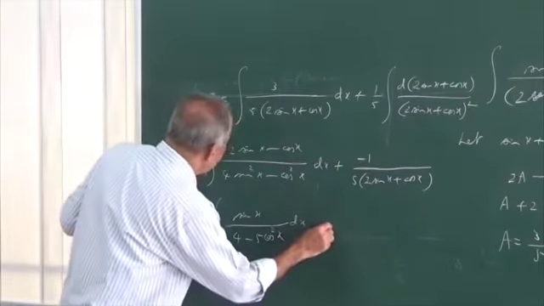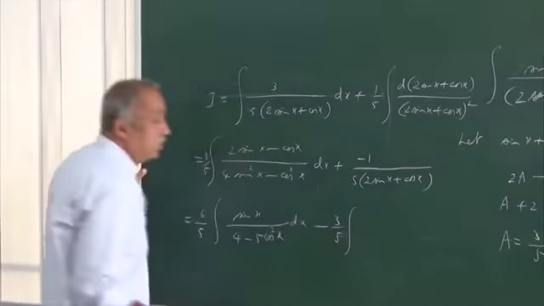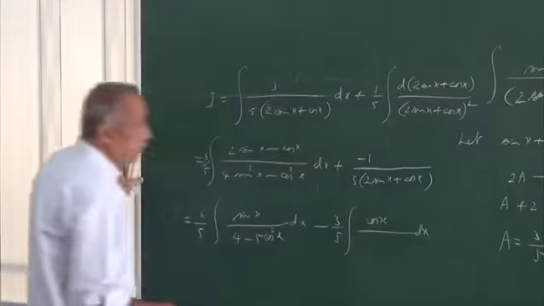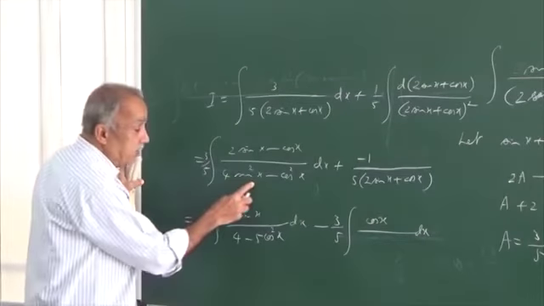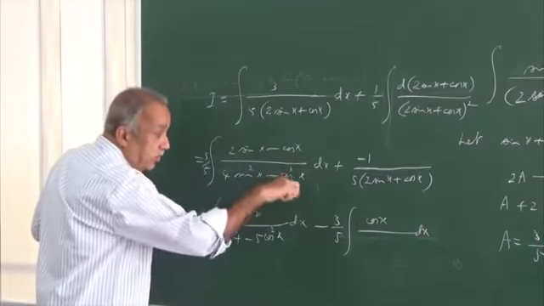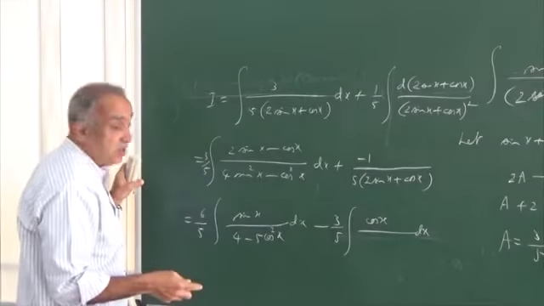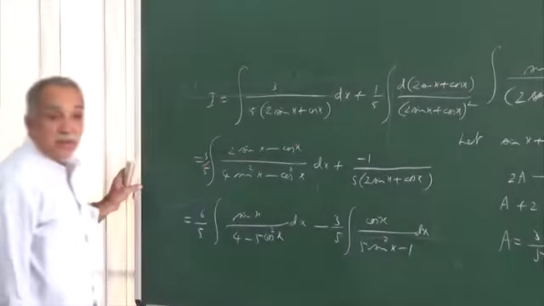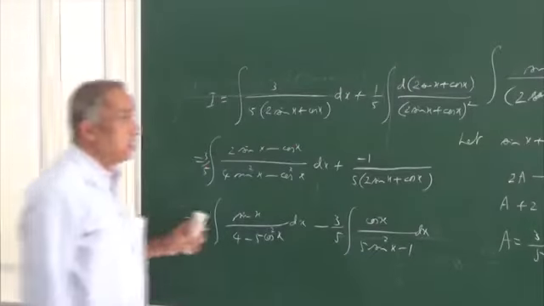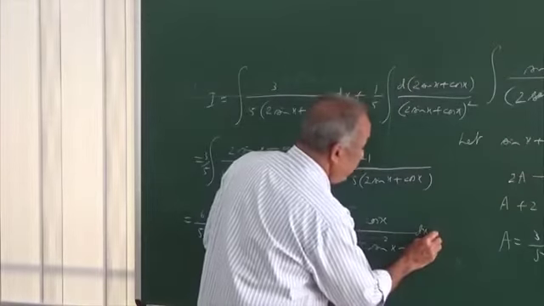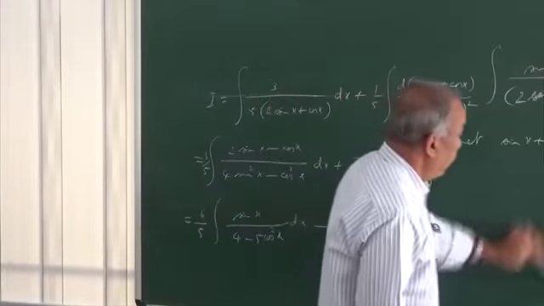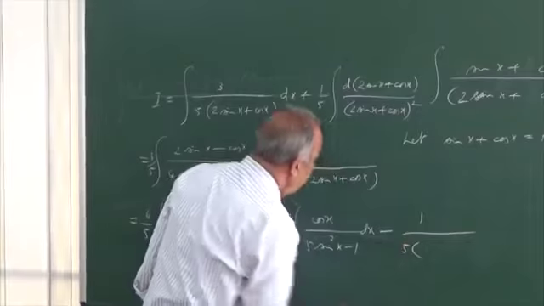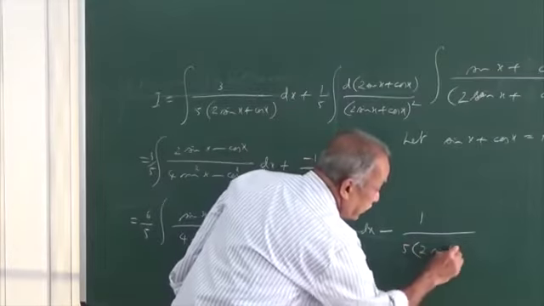Next, minus 3 by 5 into cos x dx by 4 sin square x minus, within brackets, 1 minus sin square x, which is 5 sin square x minus 1, plus the expression which has already been obtained, minus 1 by 5 of 2 sin x plus cos x.